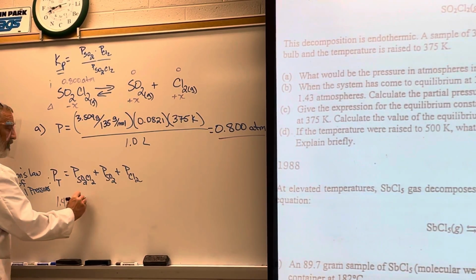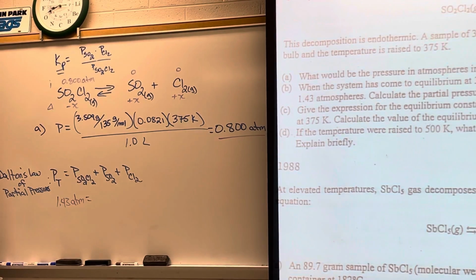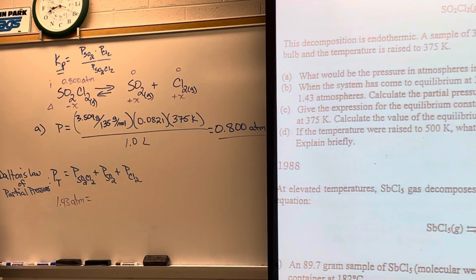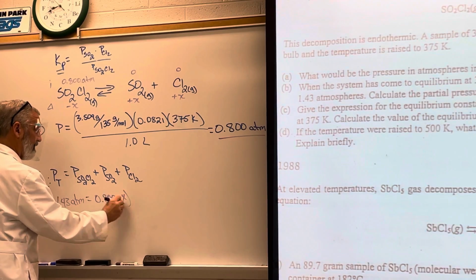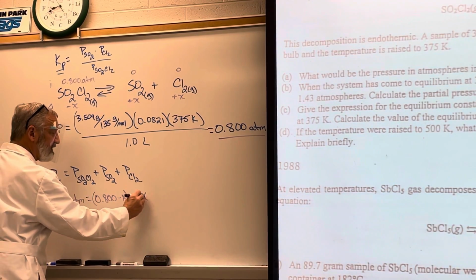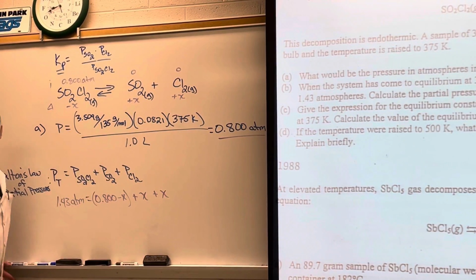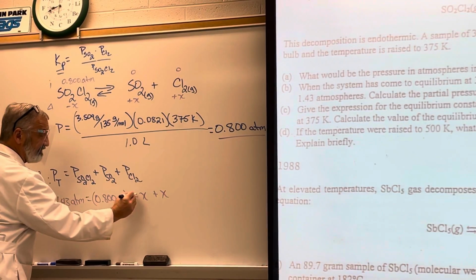So what's the pressure of the SO2Cl2 going to be? 0.8 minus x. And then plus x, plus x, right? Notice one of these x's is going to cancel out.